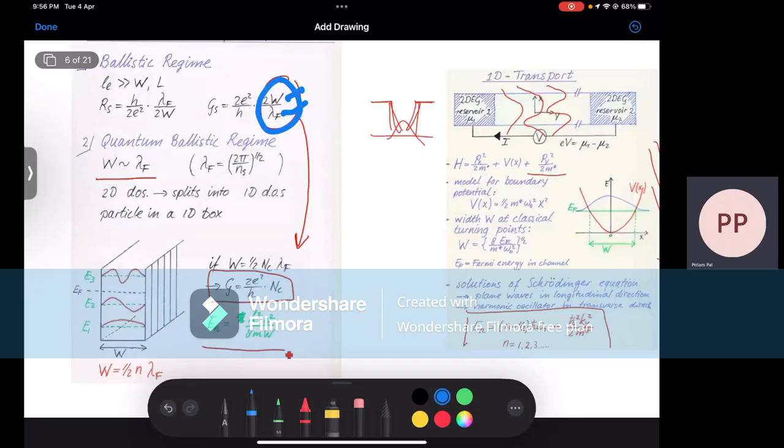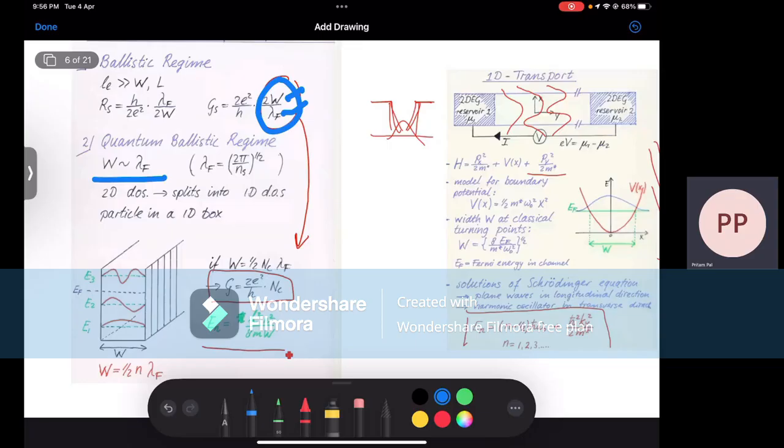So you can see that in this ballistic but still classical regime, you can have any conductance you want. As you continuously change the width of the constriction, conductance will increase and the resistance will decrease. Now we know what to expect in the quantum limit of this situation, when the width is of the order of the Fermi wavelength, the wavelength of the electrons. It is equivalent to a particle in a box problem.